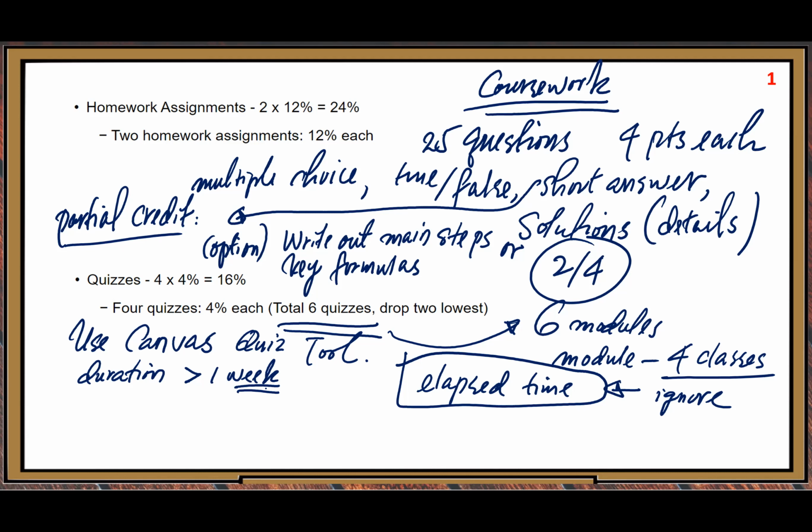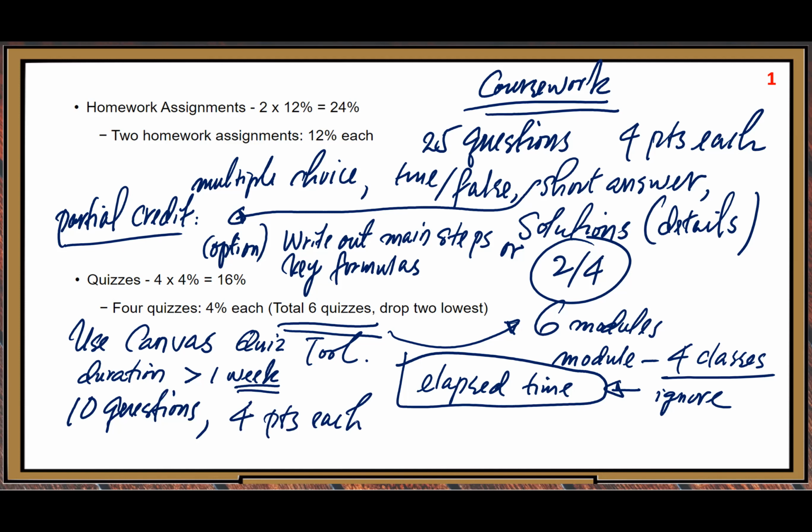So I hope in that way you have plenty of time to study. And each quiz has 10 questions, smaller than a homework assignment, and 4 points each. So the total is 40 points.